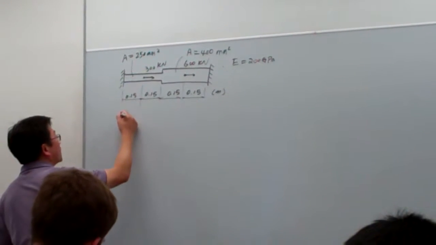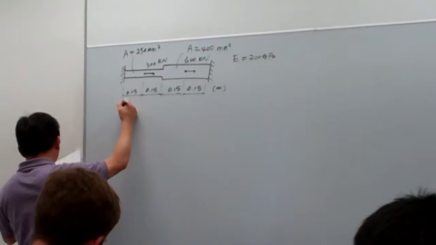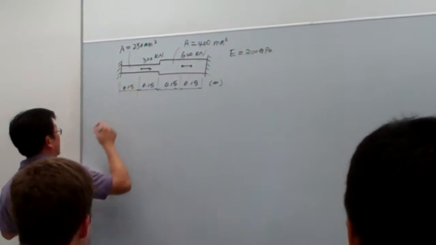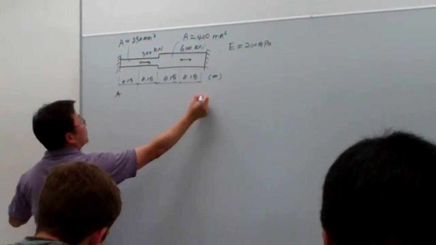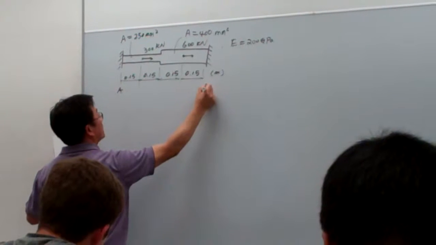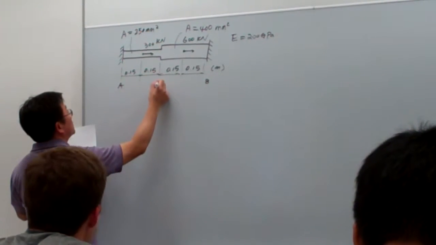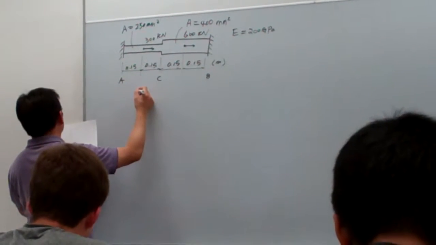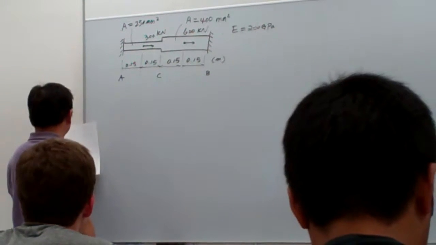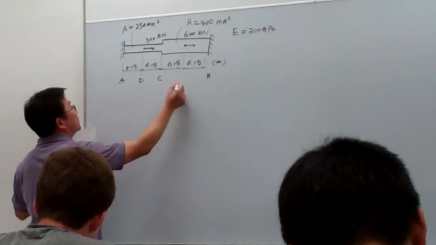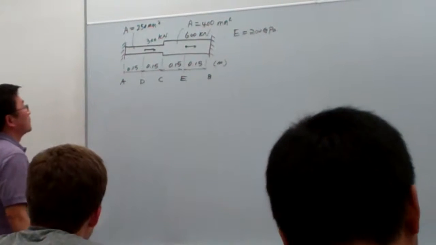Okay, so this is ABCD, A, B, C, D, E. Okay, like this.